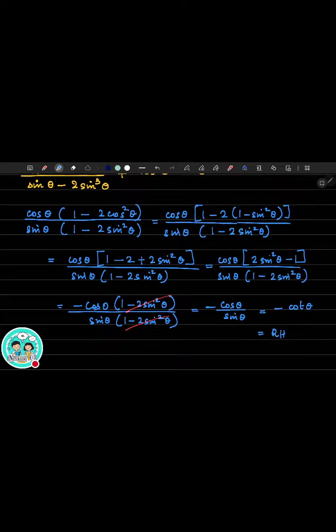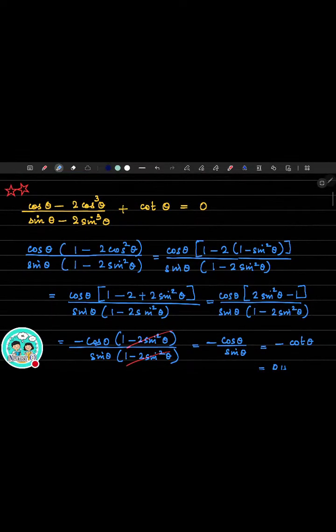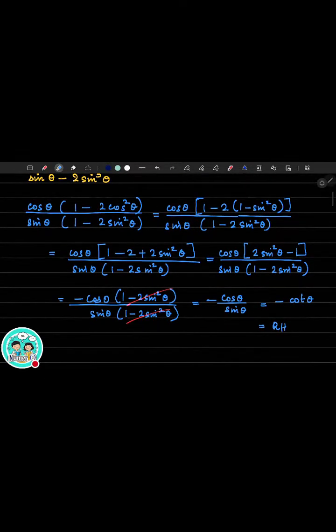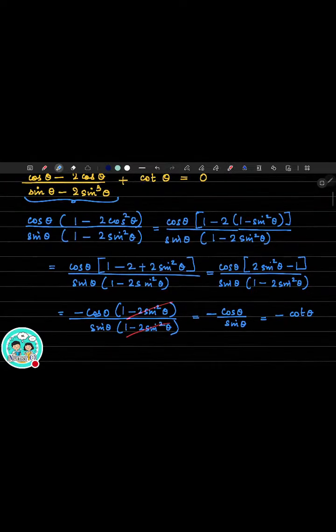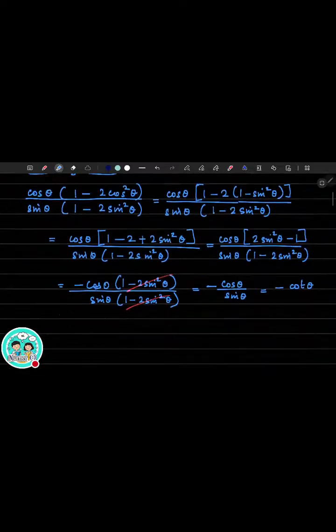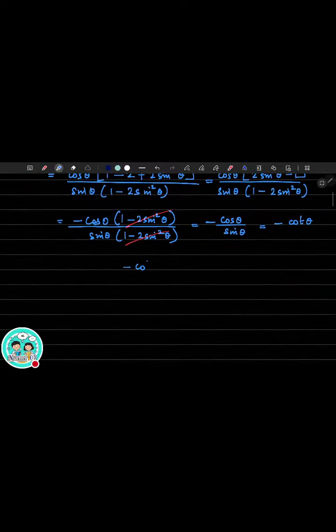And this is equal to our RHS. No, it's not RHS, I'm sorry. You don't have an RHS, right? We have only taken this term here. Only this term. So the remaining of the term is nothing but minus cot theta.